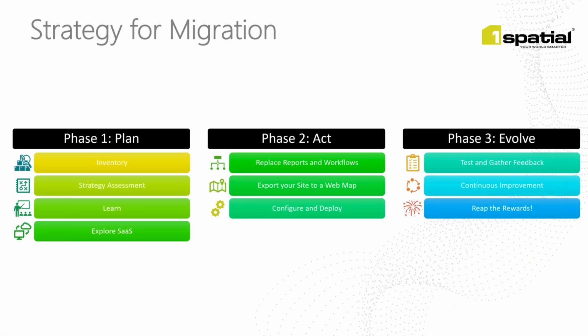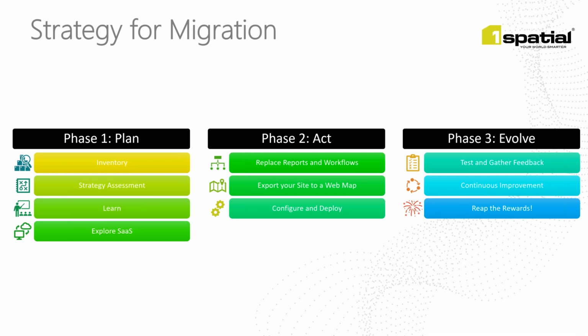So what strategy should you apply for doing your migration? I think phase one is to plan. So it's to get an inventory of your workflows, your print templates, your sites. Assess what you want to do with them. Learn about the new products and maybe explore the software as a service. And then start to act.